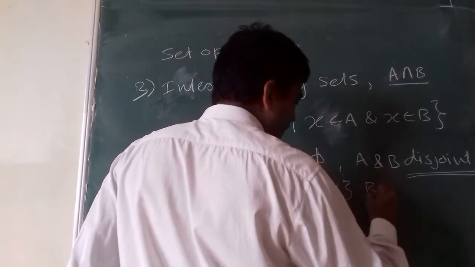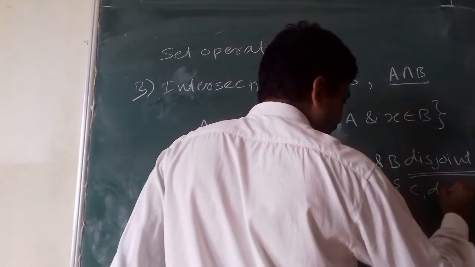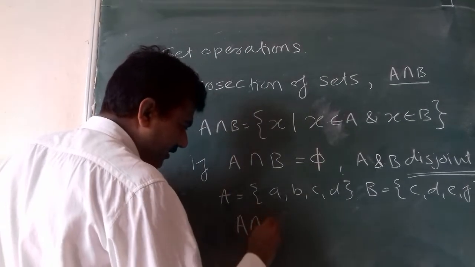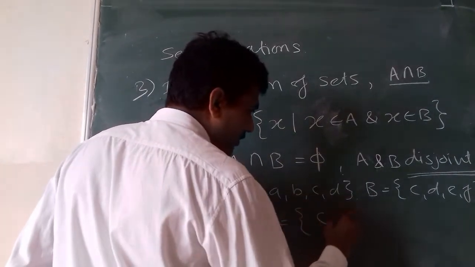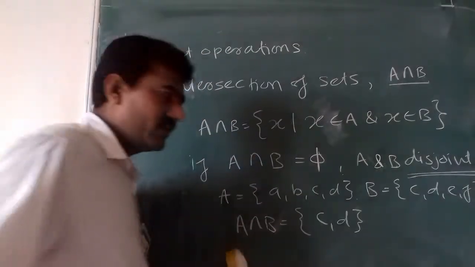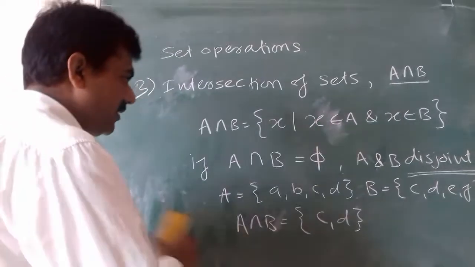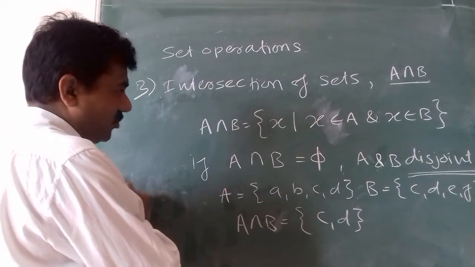And B is a set which contains C, D, E, F, 4 elements. Then the resultant of A intersection B is equal to C, comma D. Fine. So this is a simple example I have taken. Okay, fine. So this is the intersection operation.